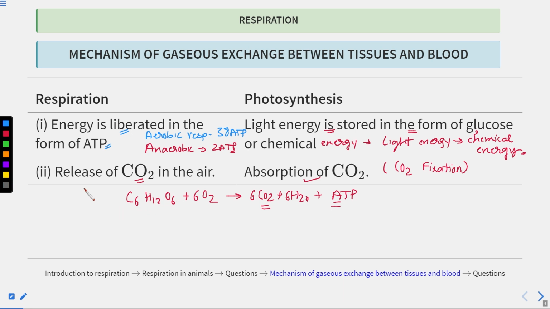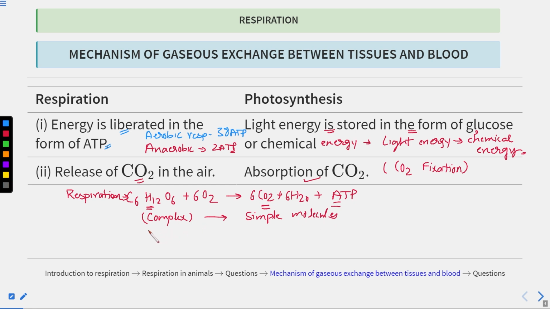Here one more thing you can see. So this was the equation for the respiration. This was the glucose molecule. So here you can see the complex molecule, glucose, is converted into simple inorganic molecules such as carbon dioxide and water.